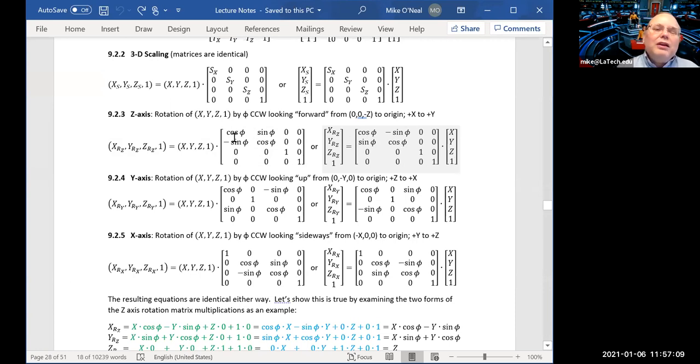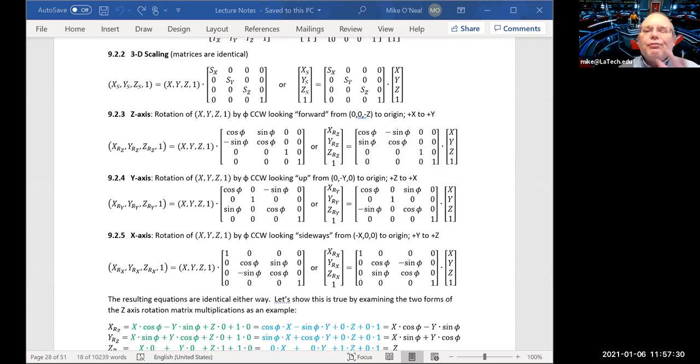Or it might be in point times matrix form and assuming a counterclockwise rotation in a right-handed system. Isn't this all wonderful? Is there any difference in efficiency with these? Absolutely none. It's purely a difference in notation.